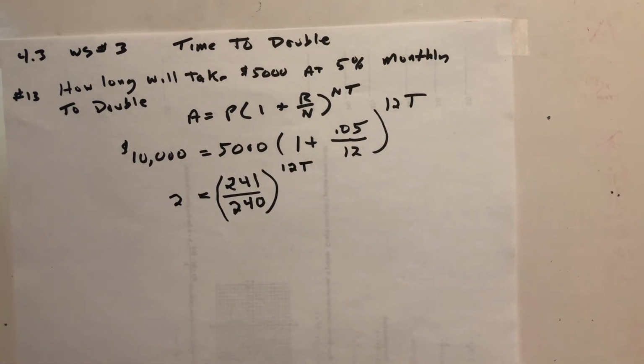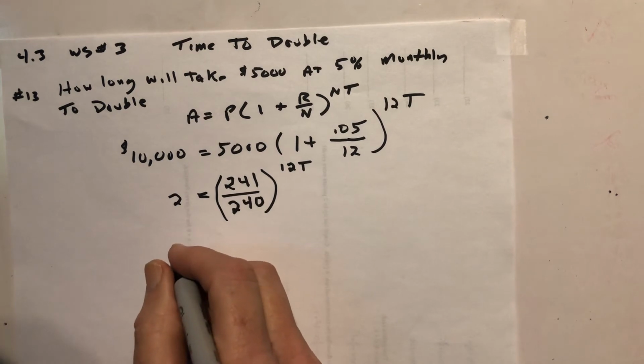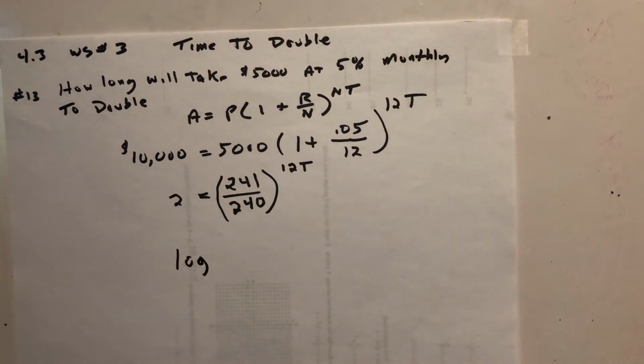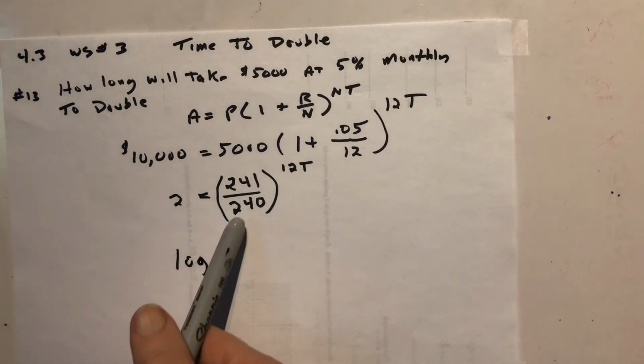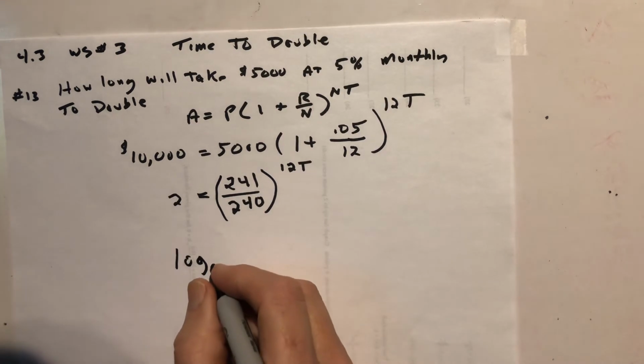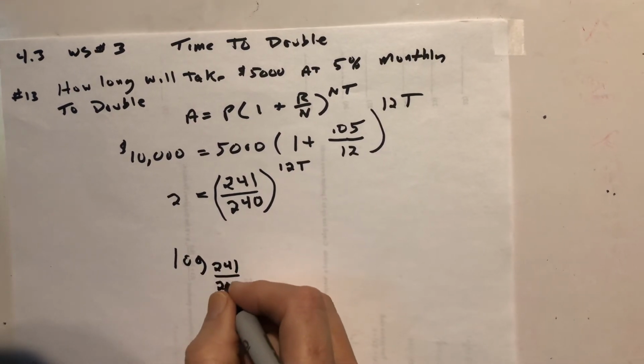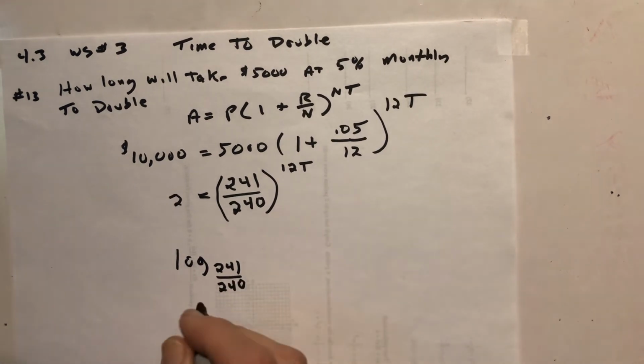I have no idea what t is. Well, actually I do, but you might not. So how do we solve for t? If you're solving for an exponent, you have to switch to a log. And what is our base going to be? Whatever has the exponent. The fraction has an exponent, so our base is this fraction, a weird fraction, 241 over 240.